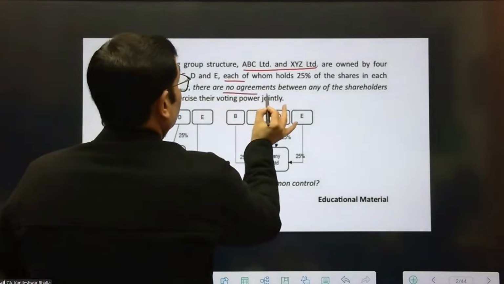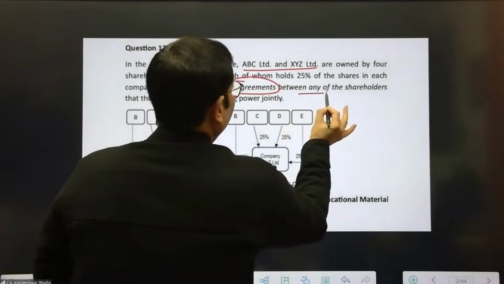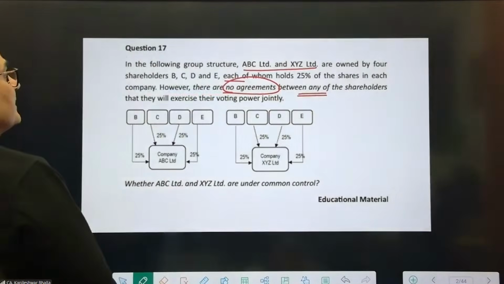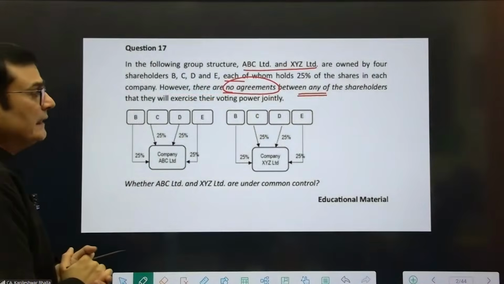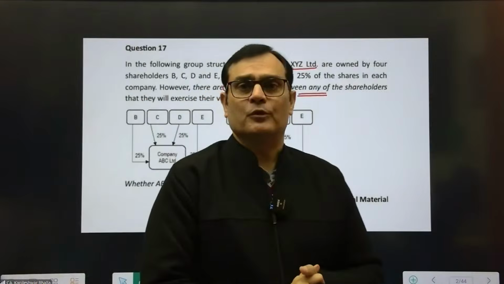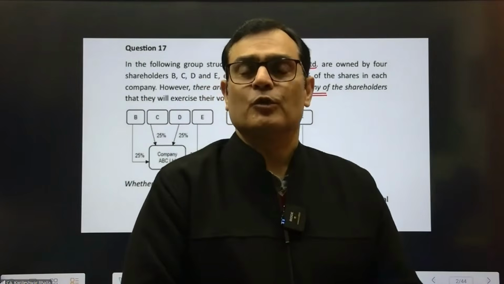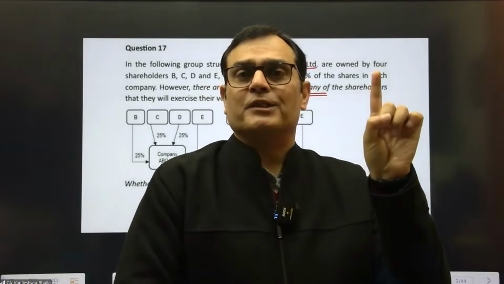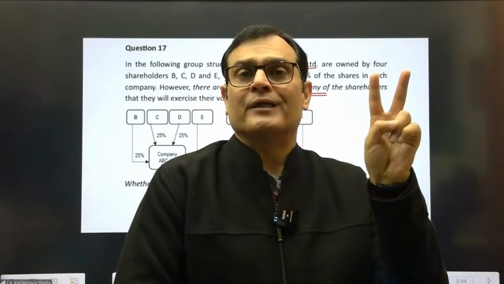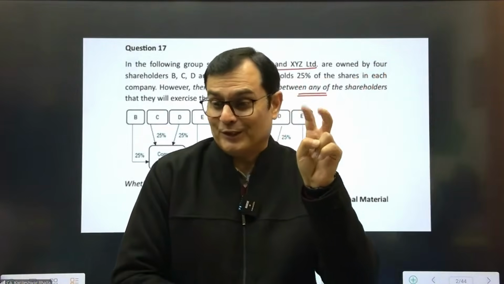However, there are no agreements between any of the shareholders that they will exercise the voting power jointly. Can it come under the purview of common control transactions? The same parties jointly control both the companies, but they've got no written agreement with each other to act jointly. Can it come under the purview of common control? Say yes or no.